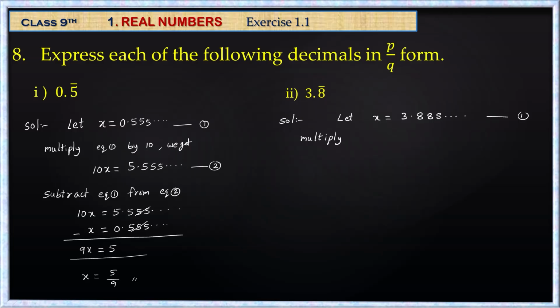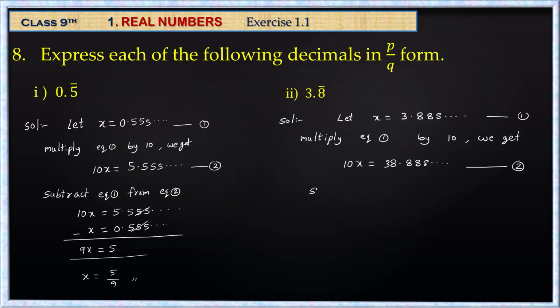Multiply equation 1 by 10, we get 10x is equal to, decimal point moves one step right side, 38.888 and so on. Call it as equation 2.